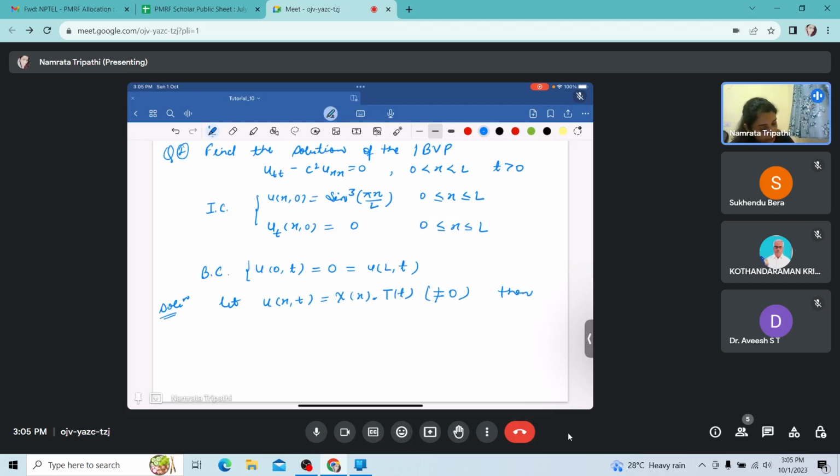now we will put u_tt and u_xx in equation number 1. Let's say this is equation 1a, this is 1b, this is 1c.